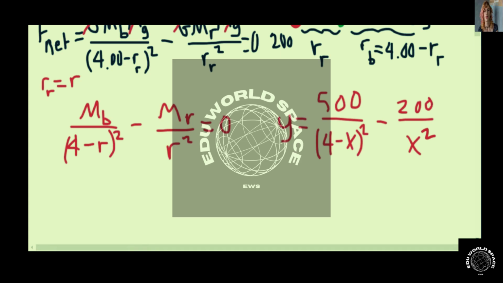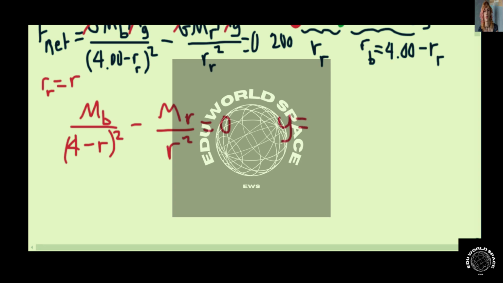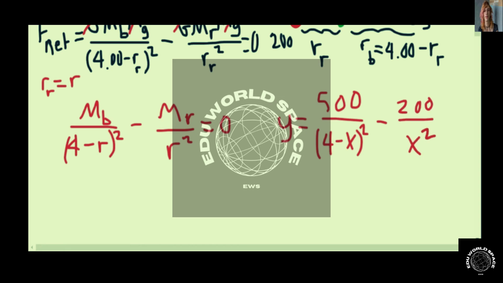And I see that this crosses the x-axis at 1.55. So again, I just put into a calculator y equals 500 over 4 minus x squared, minus 200 over x squared, and I looked for the root, which is where it crosses the x-axis, and it crosses at 1.55. And this is in meters.